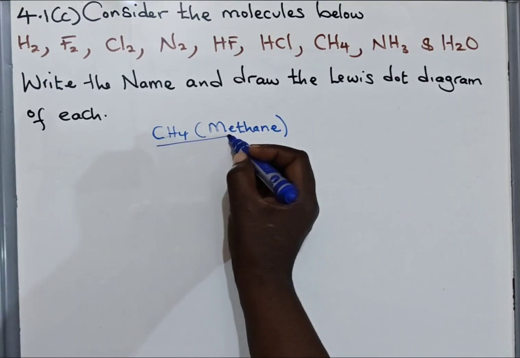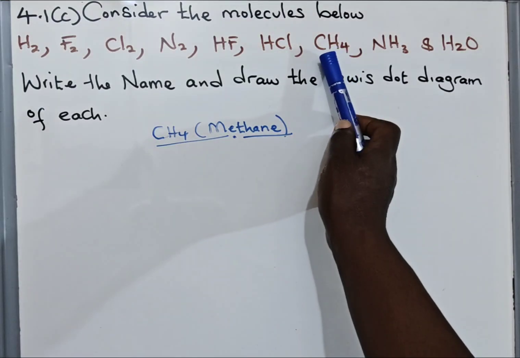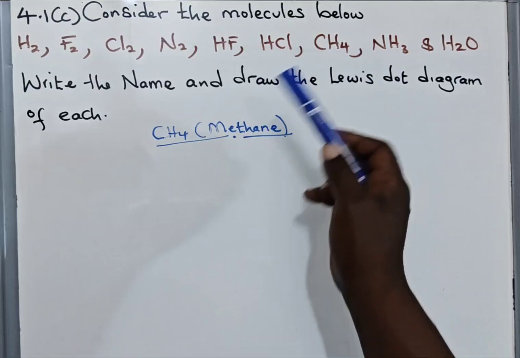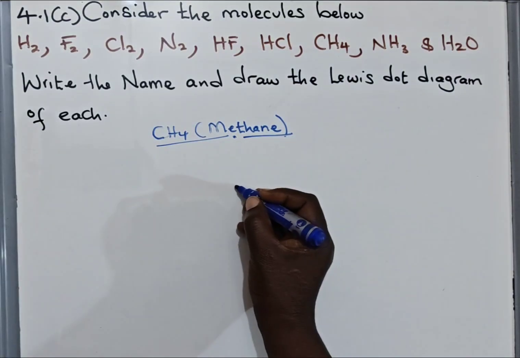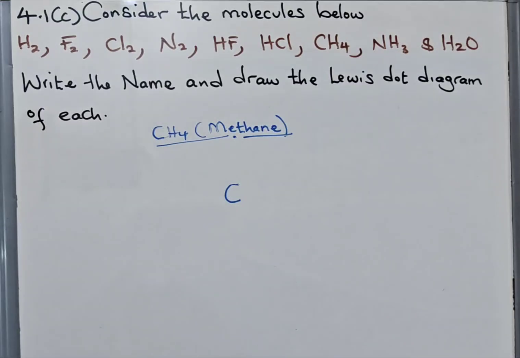And what do we know about methane? Methane is made up of 1 carbon atom and 4 hydrogen atoms. So let us represent carbon first. If this is our symbol for carbon, then you ask yourself, carbon belongs to which group?